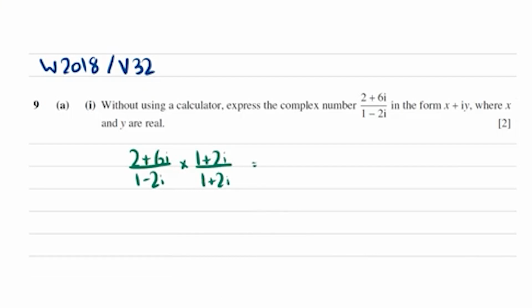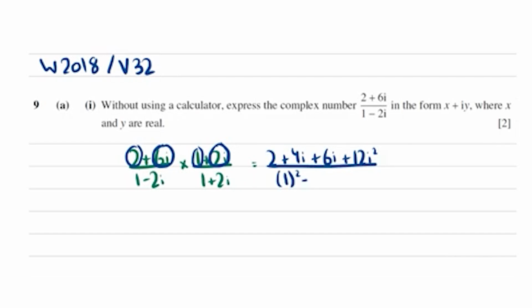Now, 2 into 1 makes what? 2. 2 into 2i makes what? 4i. 6i into 1 makes what? 6i. 6i into 2i makes what? 12i squared. Divide by 1 minus 2i and 1 plus 2i, which will become 1 square minus 2i whole square.